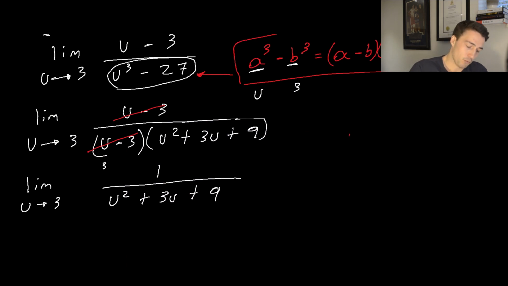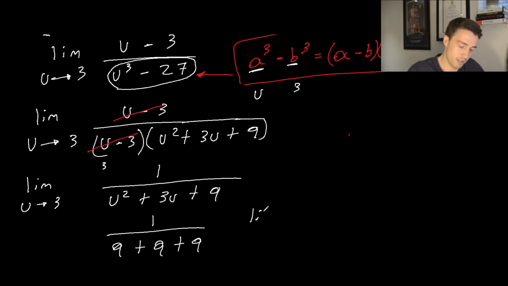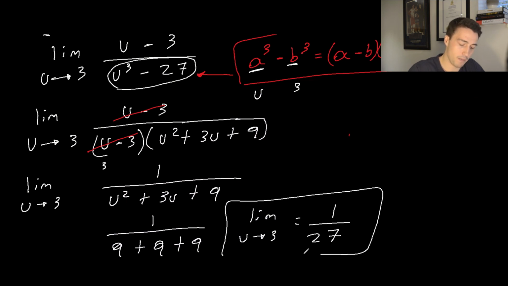So what's going to happen is we'll have 1 over 3 squared, so u is going to 3, so 9, plus 3 times 3, also 9, and then plus 9. So the limit as u goes to 3 is going to equal 1 over 27. And that would be our answer right there.